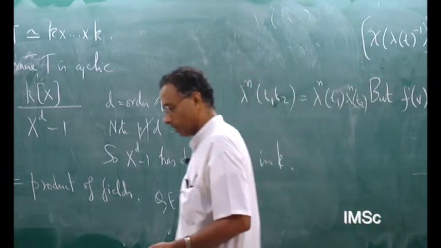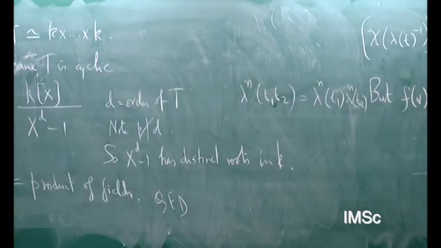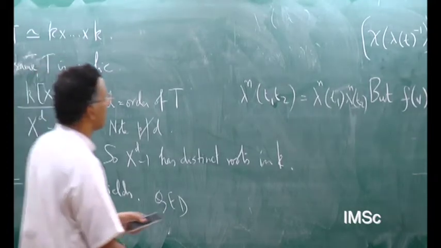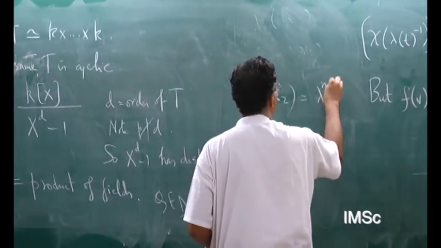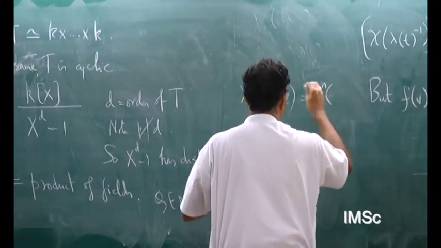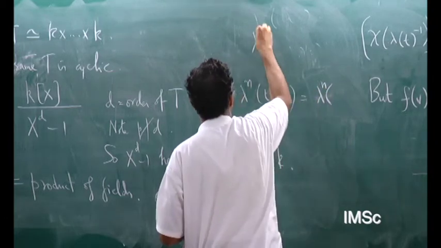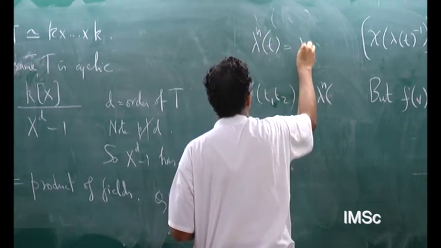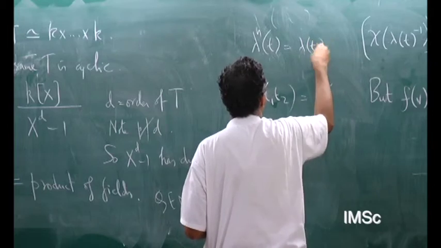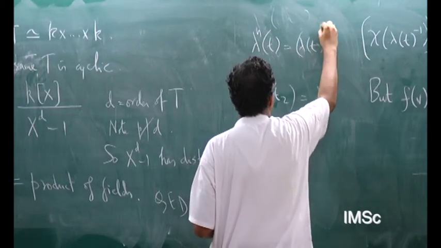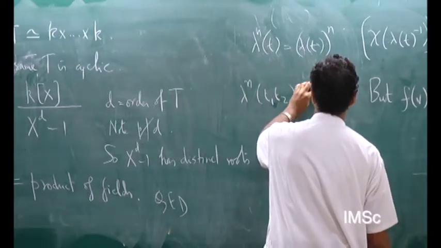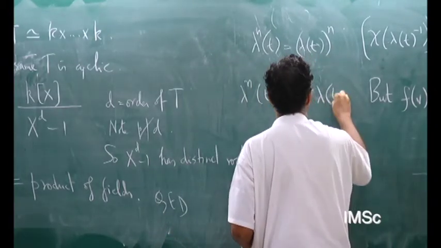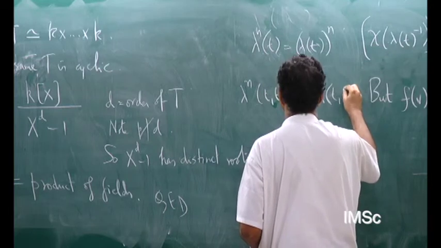Wait a second. What is my definition of lambda n? I define lambda n of T to be lambda of T^n. That's how I define it. So this one will be lambda, even that looks like a problem to me.